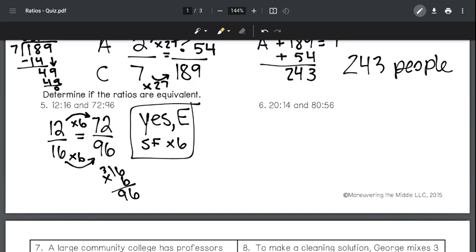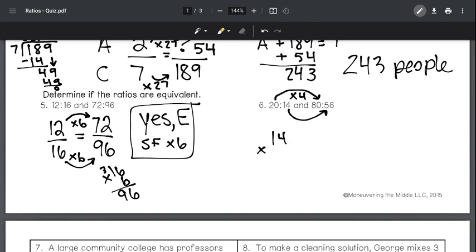Alright. And then other times, I just like to draw an arrow, first number to the other first number. And I'm like, how do I go from 20 to 80? Well, 20 times 4 equals 80. So if 14 times 4 equals 56, then these are equivalent. If 14 times 4 doesn't equal 56, they are not.